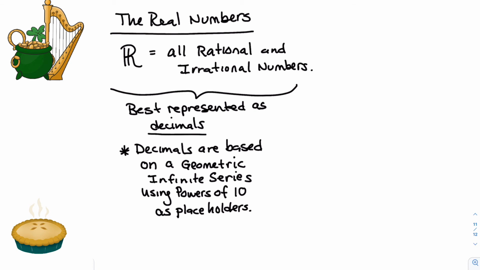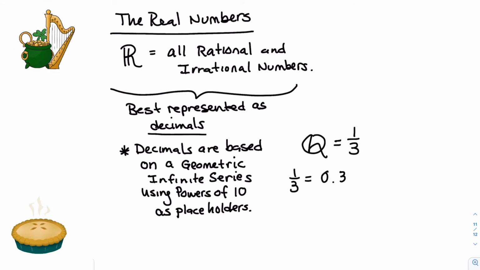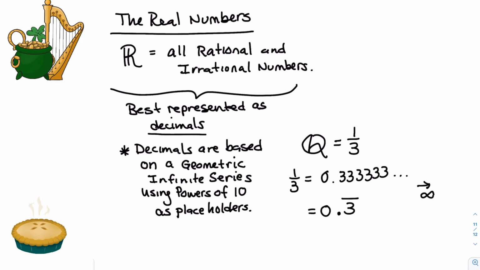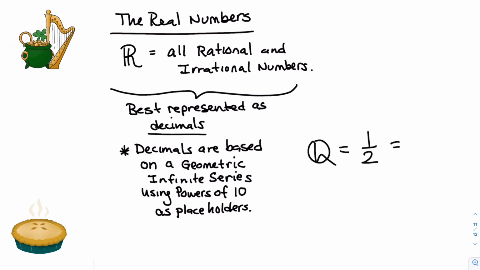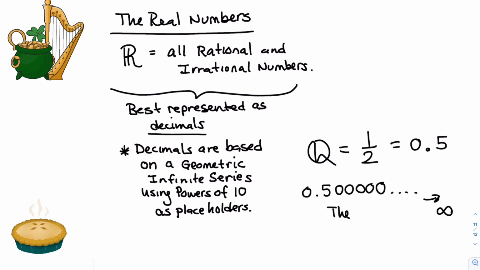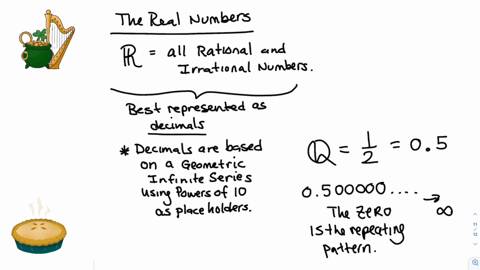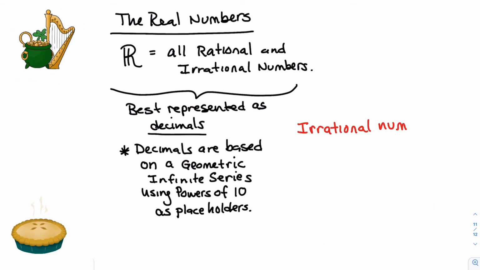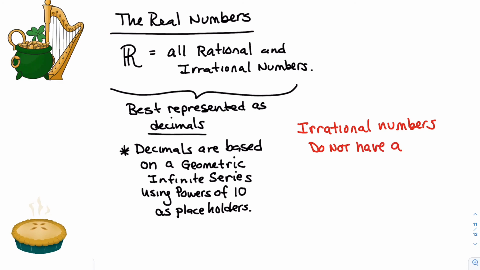Real numbers are best understood through decimal representations, that is, placeholders of powers of 10. So, for instance, 1/3, a rational number, as a decimal is 0.3 repeating. The pattern is a repeating pattern of 3's after the decimal. Similarly, for 1/2, which is 0.5, or 0.5 with zeros repeating after it, the 0 is the repeating pattern. But for irrational numbers, this is not the case.